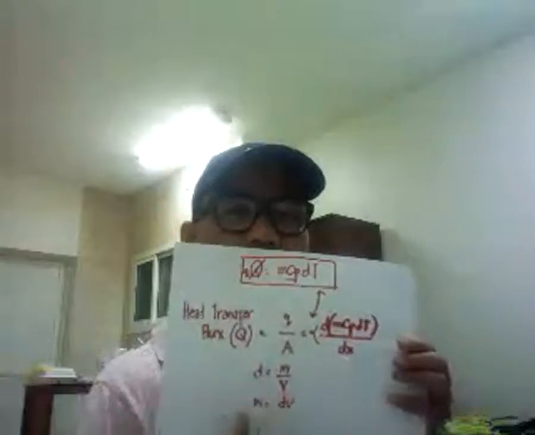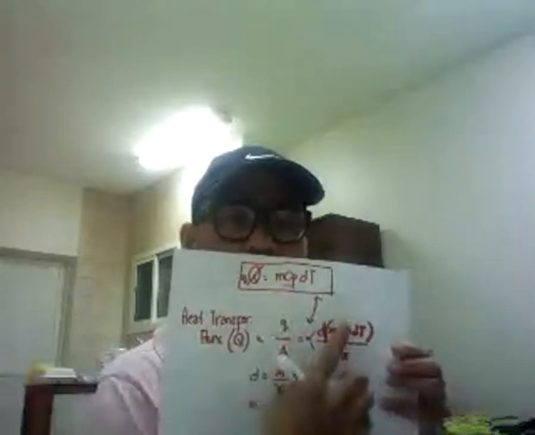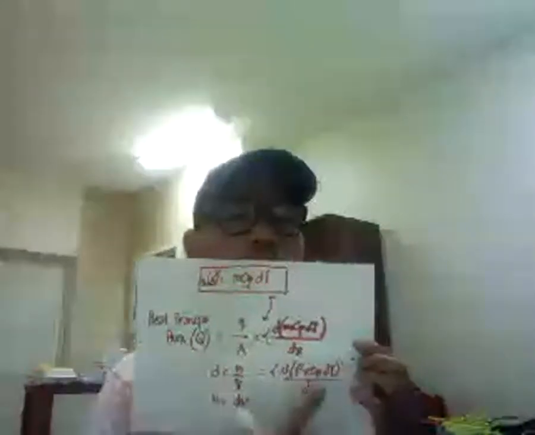Our answer will be density times volume, substitute that here: alpha delta change in density rho, I almost forgot, V Cp dT over dx. If you substitute this, it will become like this.